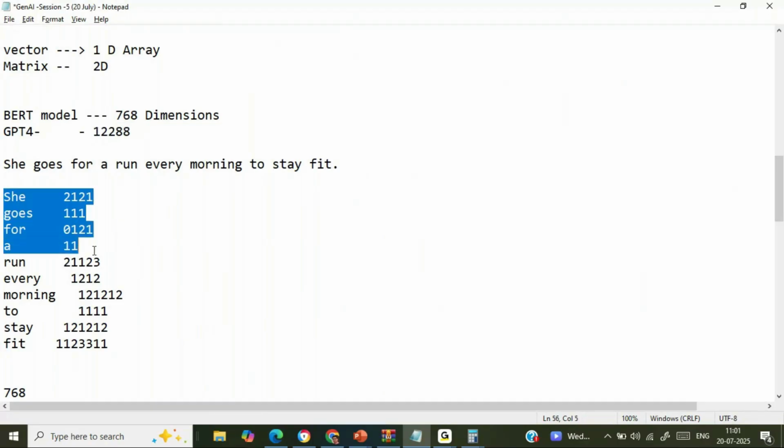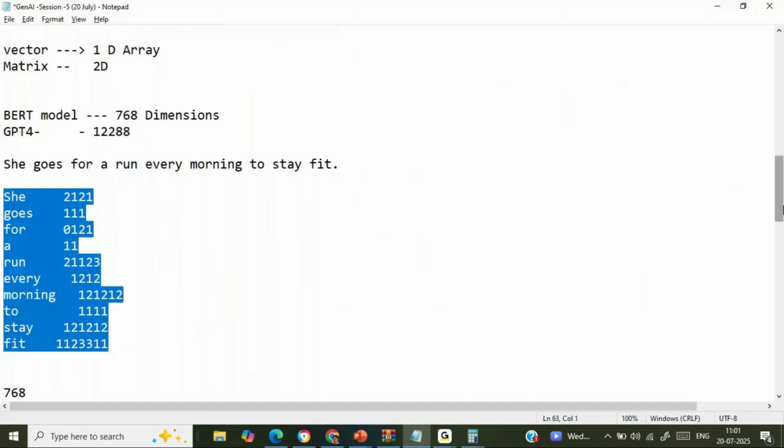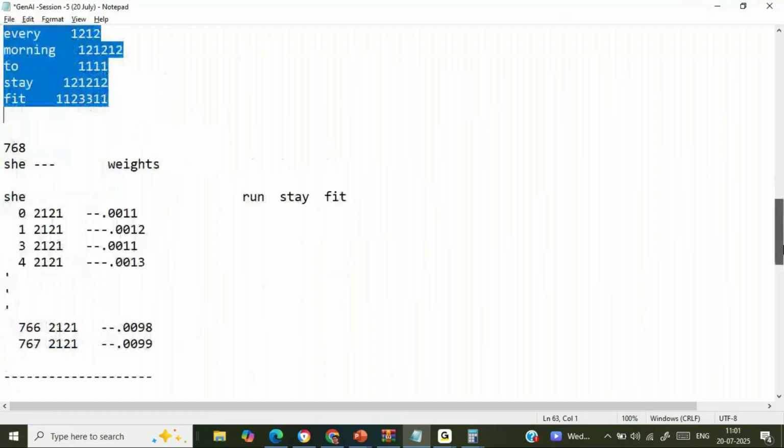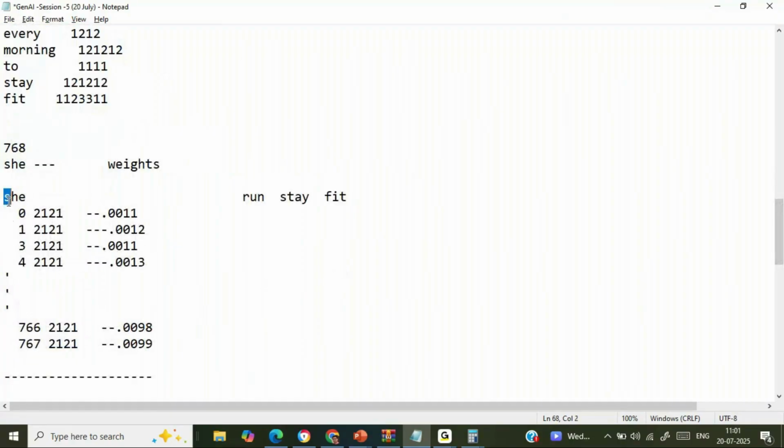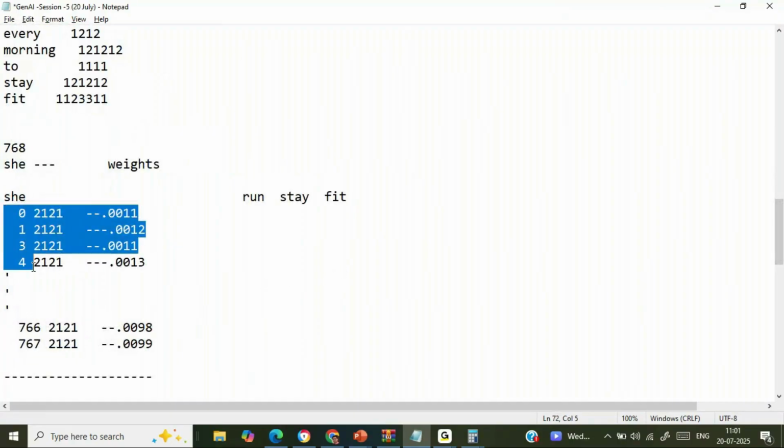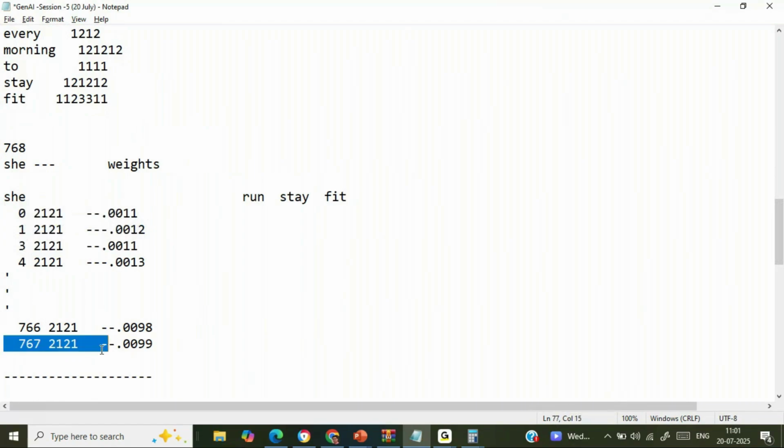So each and every token is represented with respect to the weight. Over here, "she" is the token, and this token is represented in 768 dimensions. With respect to each dimension, it has different weights. In each and every dimension, it has a different weight.